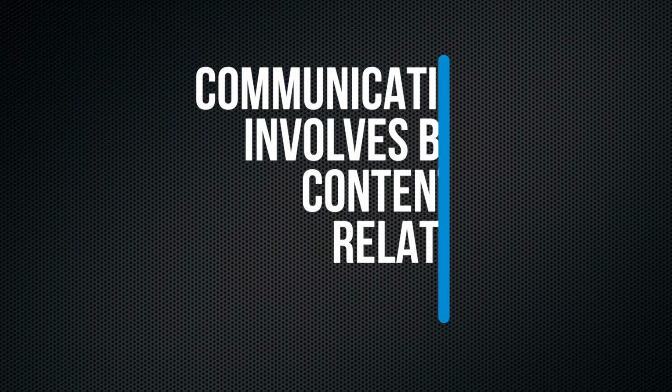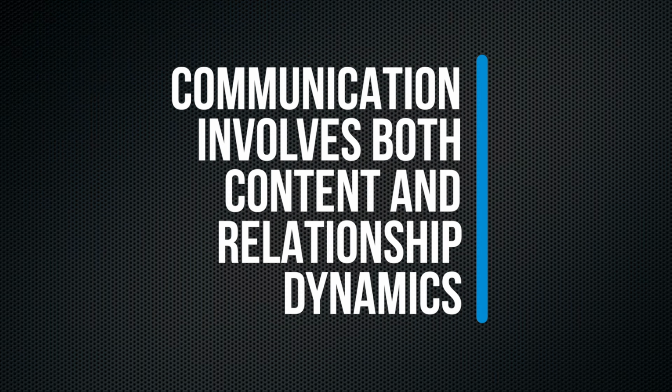According to this model, there's also content and relationship dynamics at play in a conversation. So there's content that we're exchanging, that information we're sharing back and forth. But our communication also has relationship dynamics to it as well. Our tone of voice, our pace, how we're looking at the other person. We're all looking for certain cues in a conversation.